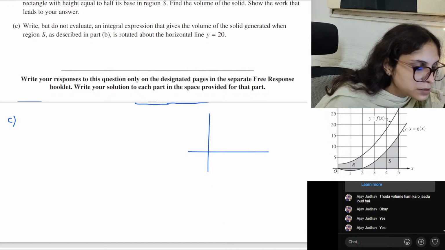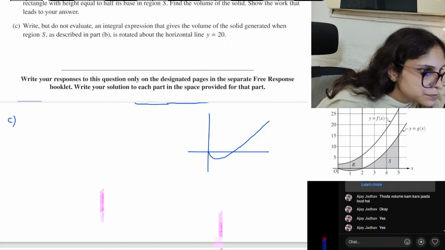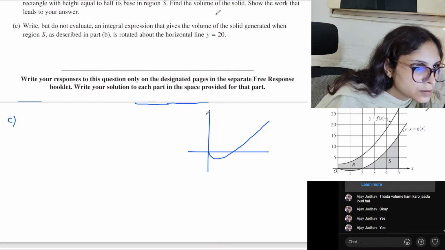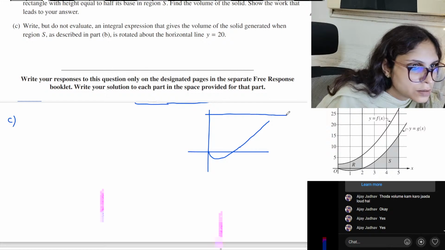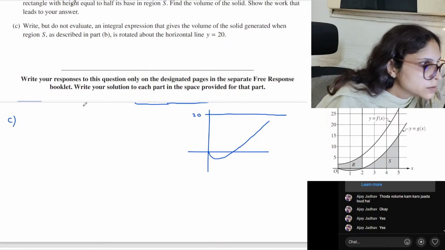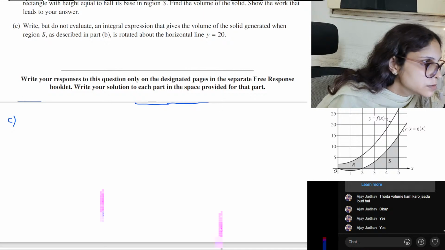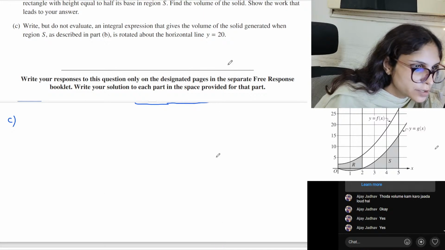So now I'll make the diagram. I'll make it a little smaller because we have to rotate it as well.